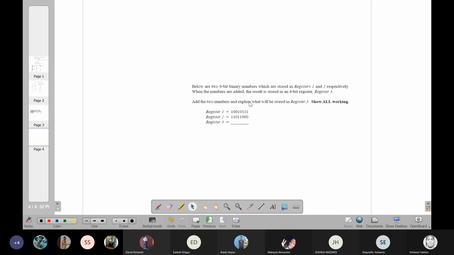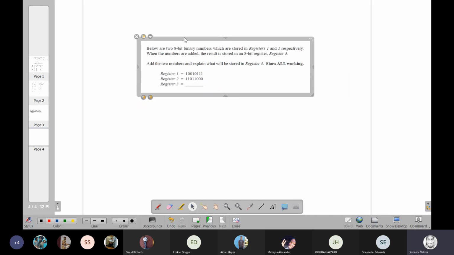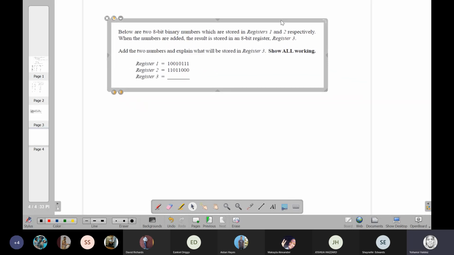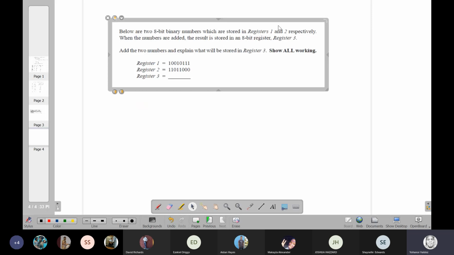All right, so next up we have some binary numbers. Below are two 8-bit binary numbers stored in register 1 and register 2 respectively.